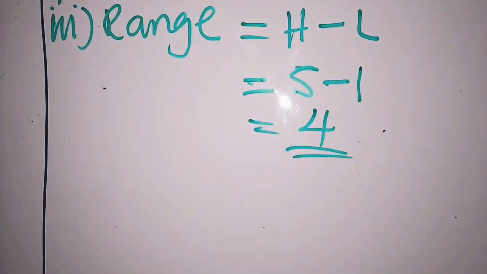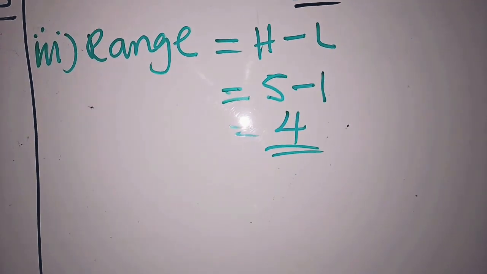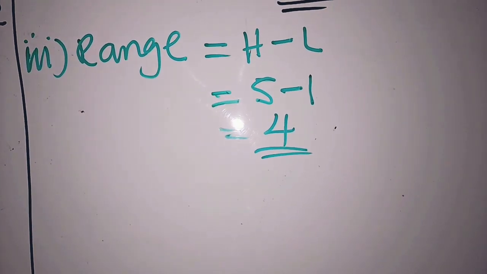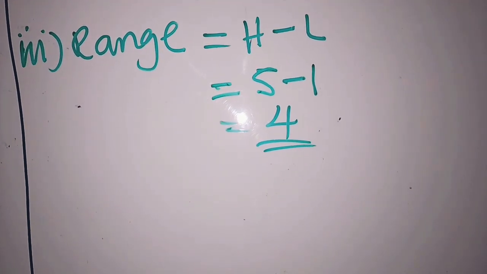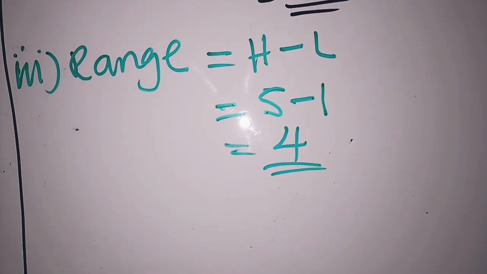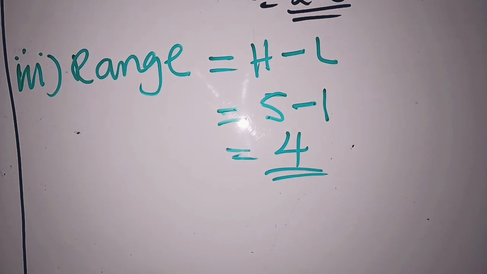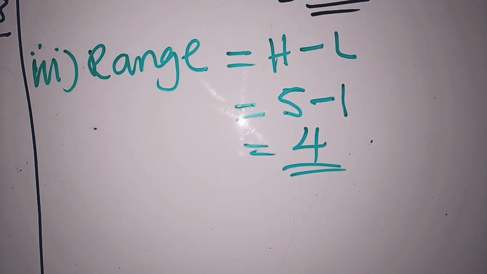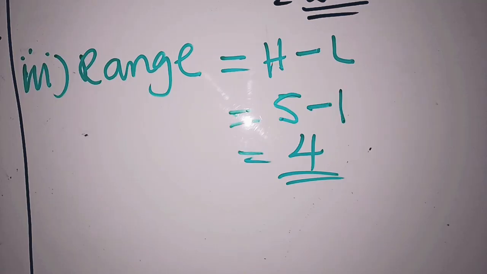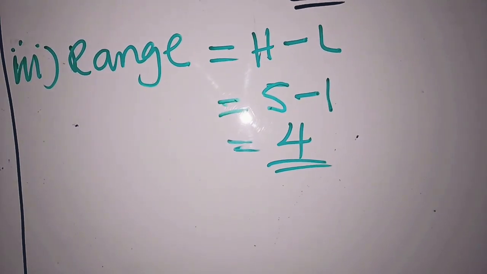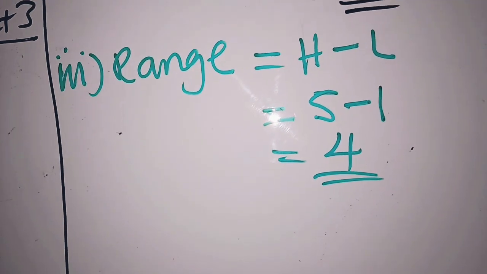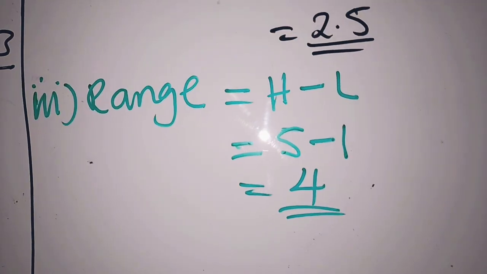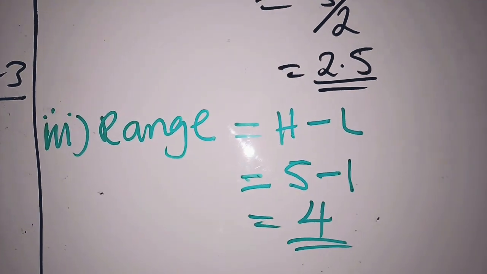The good part about statistics now, these are the terms you need to know: mean, mode, median, range, variance, and standard deviation. So this is how you find the range. I'm sure it's now clear.